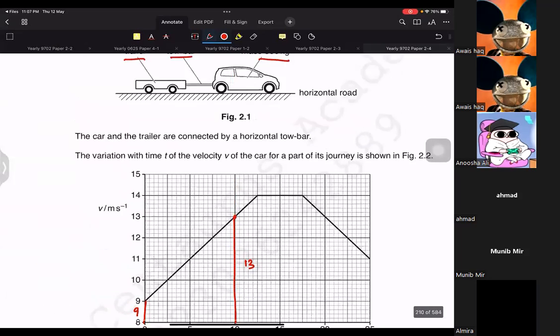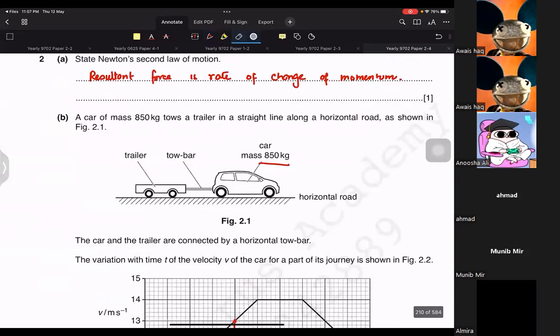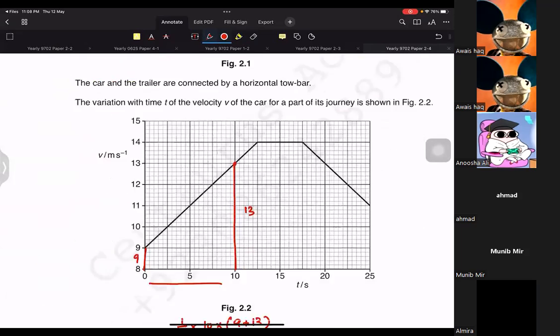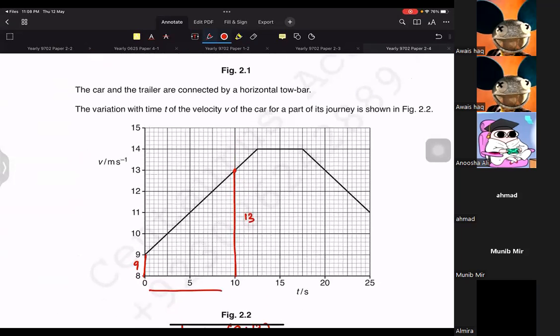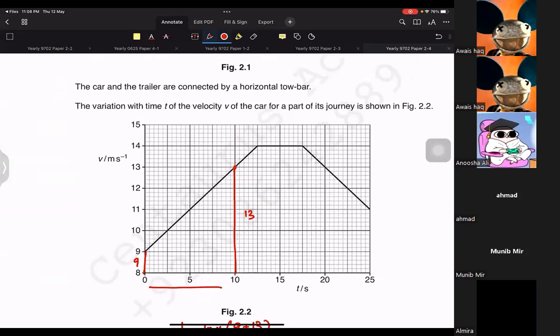Right. So back to what they have shown. The tension in the tow bar is 440. The resistance force is 510, and we have to find the acceleration at 10. Well, do we really need to use forces? I don't think so, right? We can just simply find the gradient.